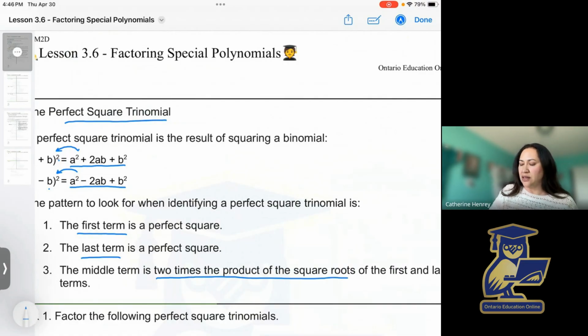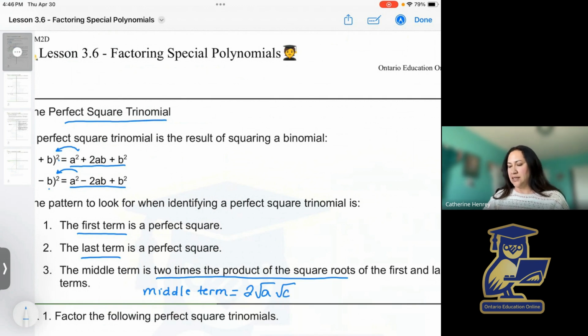So the middle term has to be equal to 2 times the square root of the first term times the square root of the last term, A and C, whatever they are.